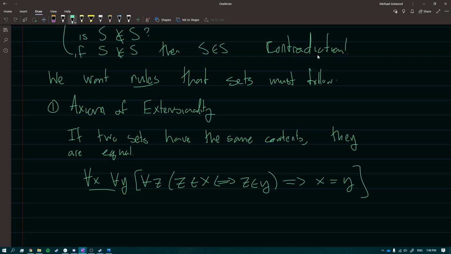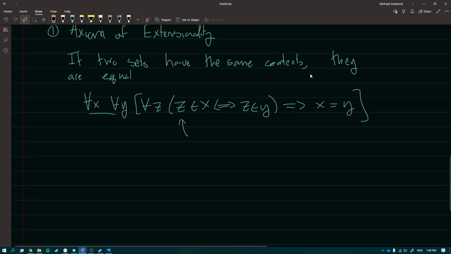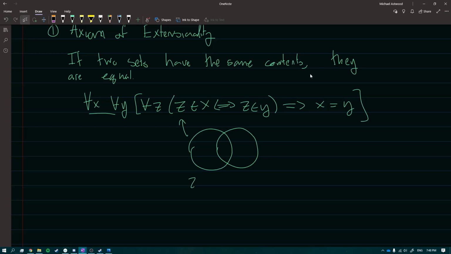Okay, so this is visualizable. If z is in x implies z is in y, this means that x is a subset of y. So we would have to have some kind of intersection here.